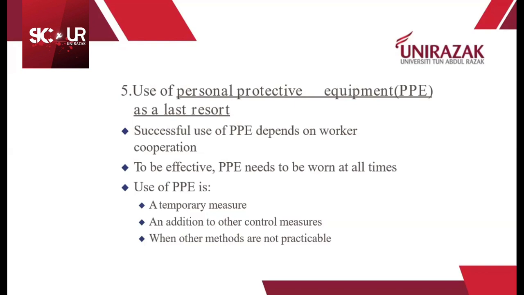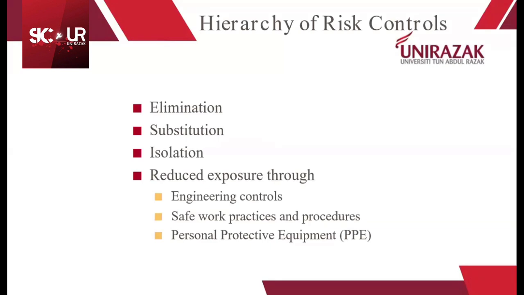The last resort adalah pakailah tali pinggang keledar contohnya. Hierarchy of control: kita eliminate, kita substitute, kita isolate dan reduce exposure through engineering control, safe work practice and procedure, personal protective equipment.